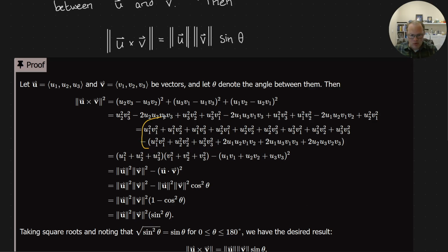So by moving the terms around, you can end up with this factorization. Now this isn't obvious. You really have to stare at it for a while to convince yourself that this factors to this. Okay? But it does. But this is where it really gets useful.